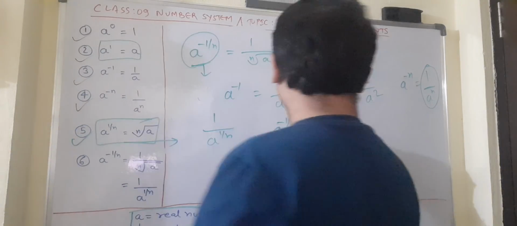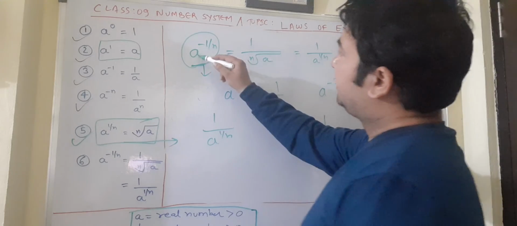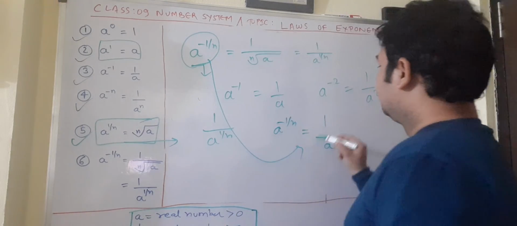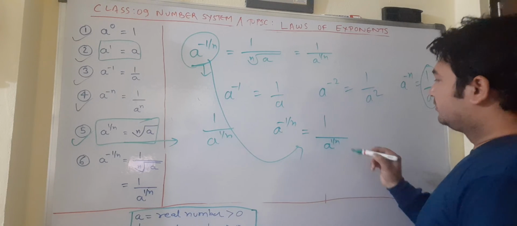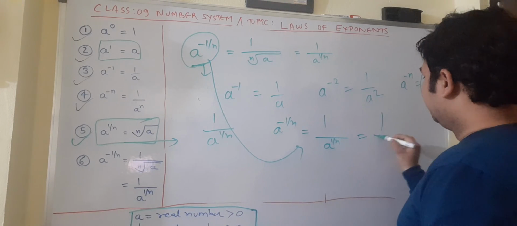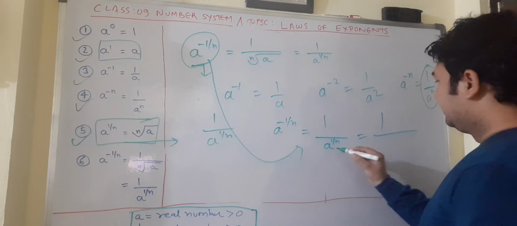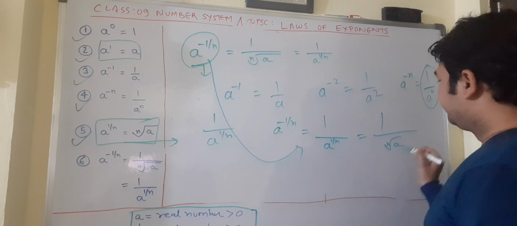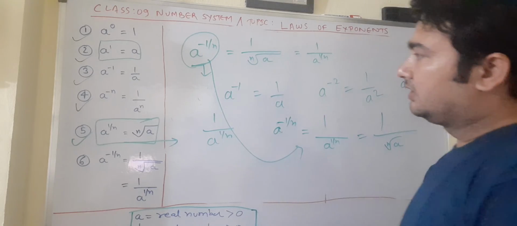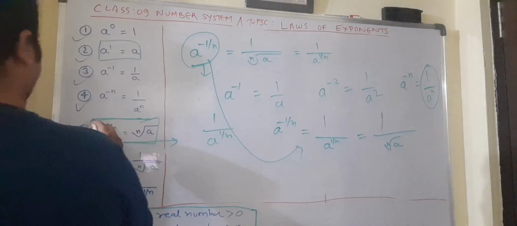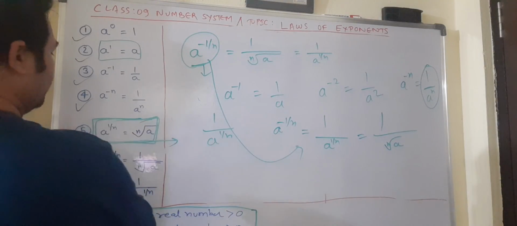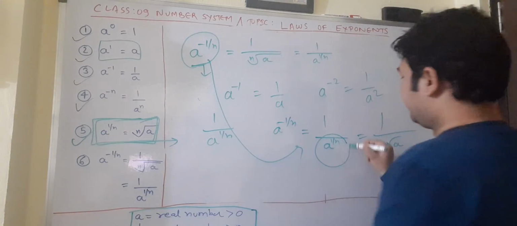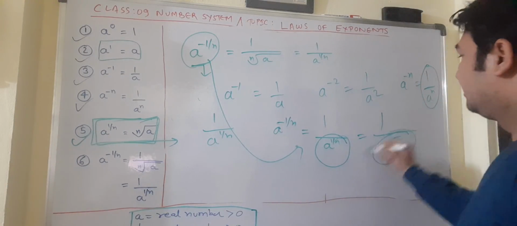So we have a to the power minus 1 by n as 1 by a to the power 1 by n. Now you have already come across this, that this thing is nothing but nth root of a. From this property, a raised to the power 1 by n is nth root of a.